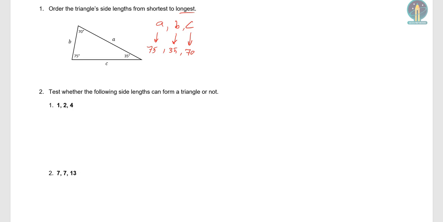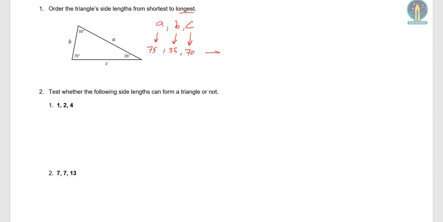So again, from our rules of inequalities in triangles, we did say that the longest side is opposite to the largest angle, and vice versa. The shortest side is opposite to the smallest angle.